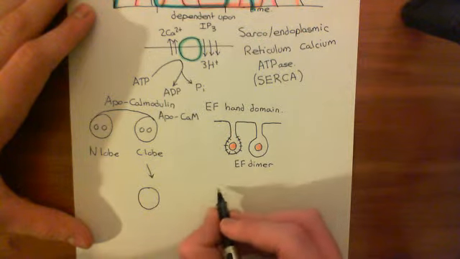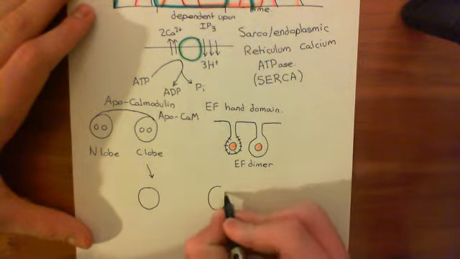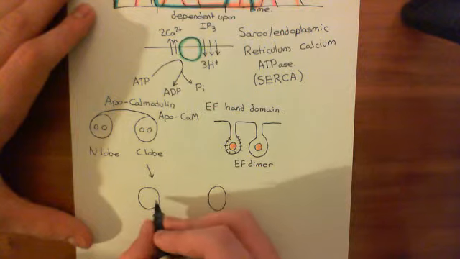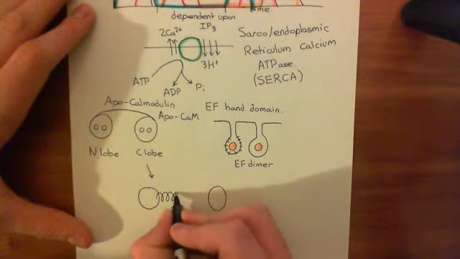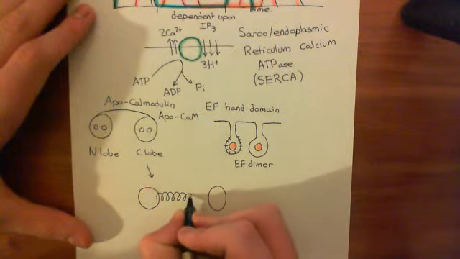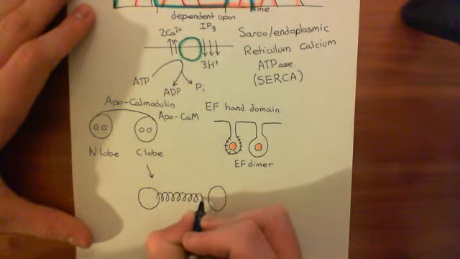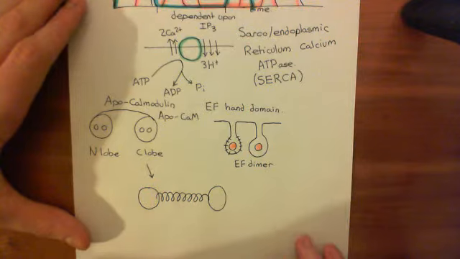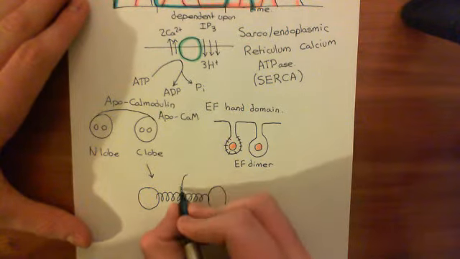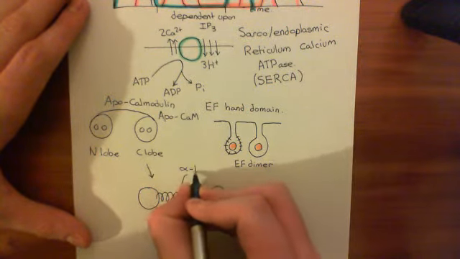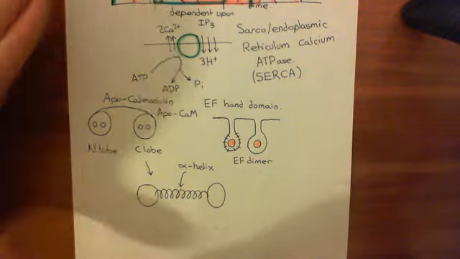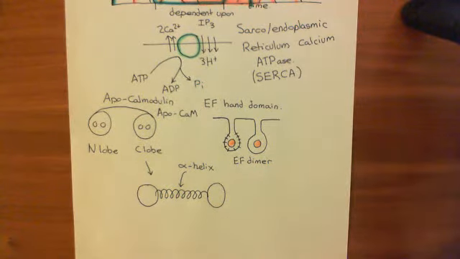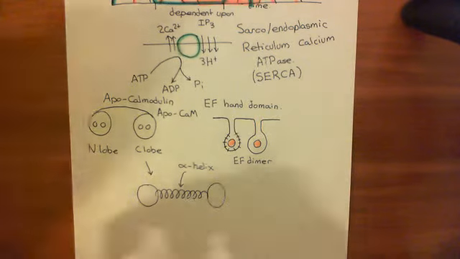The two lobes are going to move further away from one another, and the linker between them is also going to change conformation. It's going to go from being a linear polypeptide to having an alpha helical structure. So this here is an alpha helix, which is a secondary polypeptide structure formed by the backbone of the polypeptide, so the amide link regions.